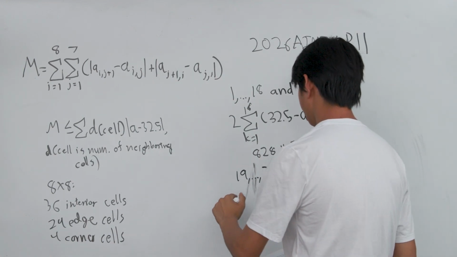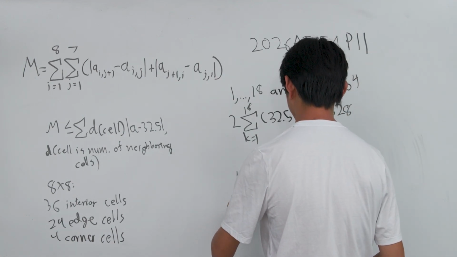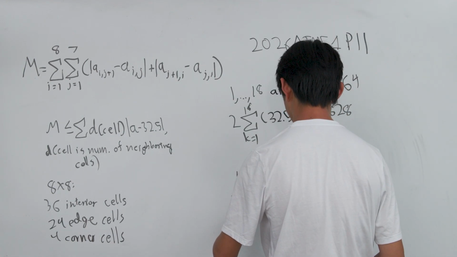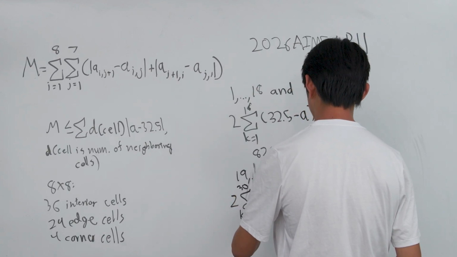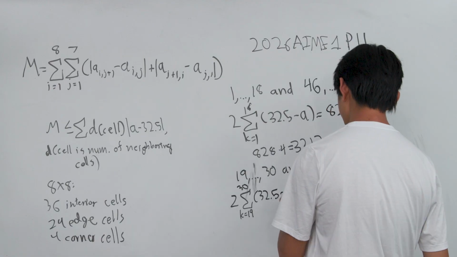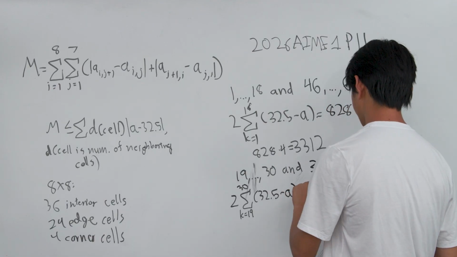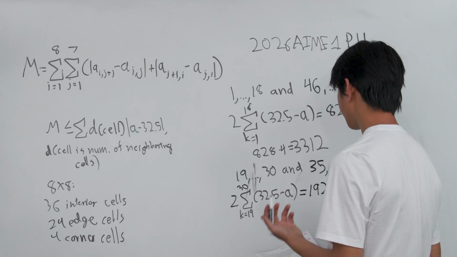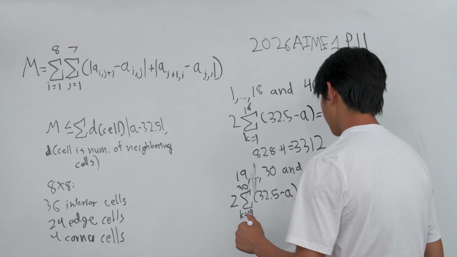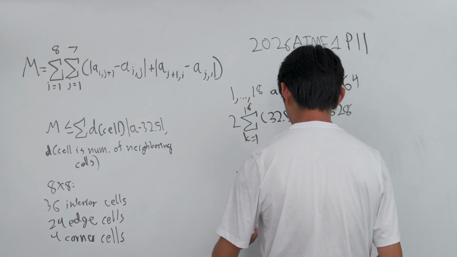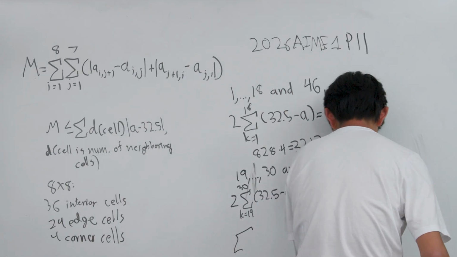We can then do the sum again, so 2 times the sum for k from 19 to 30 of 32.5 minus a, and this yields us 192. So we want to multiply that by 4 again. And then, shoot, I did that wrong.